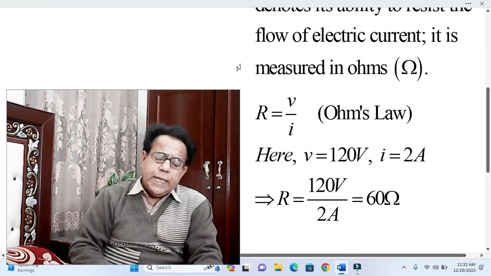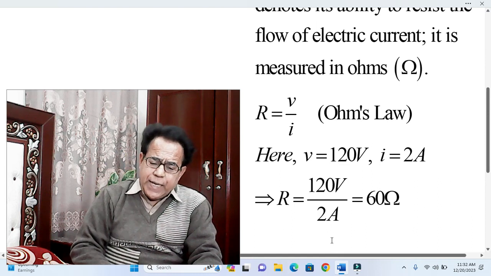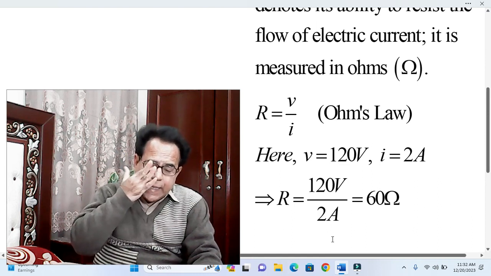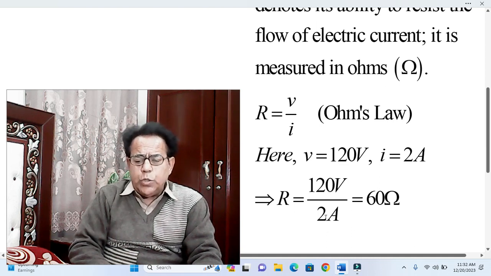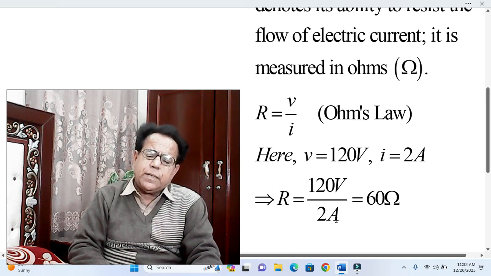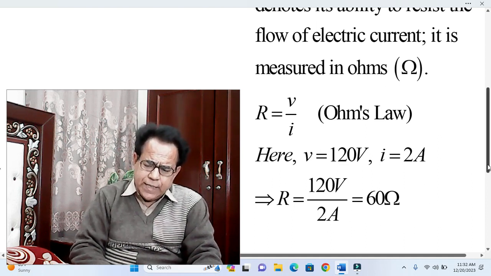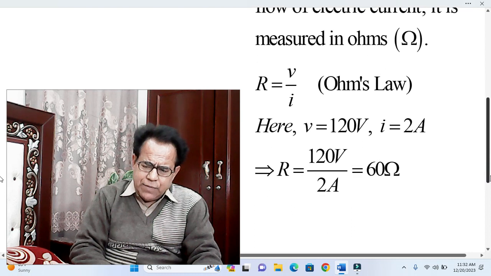In this situation we can omit V and A, because when 120 is divided by 2 the answer is 60, and then with 60 we can write ohm. While in R equal to 120 V over 2 A, V and A are not necessary. But anyhow, whether necessary or not, we have used them.